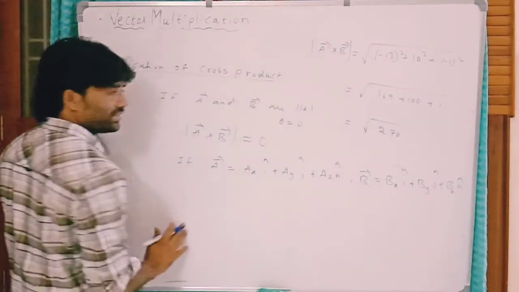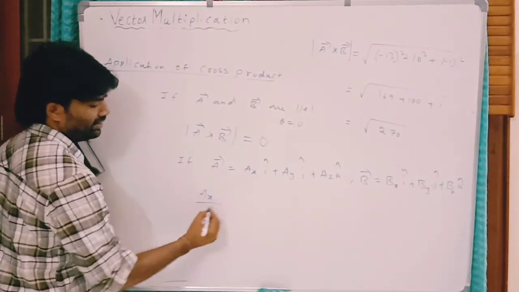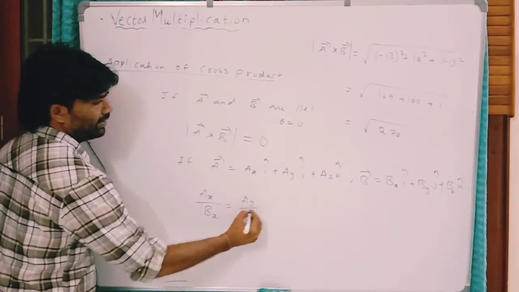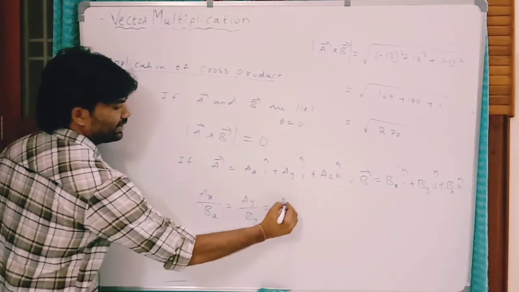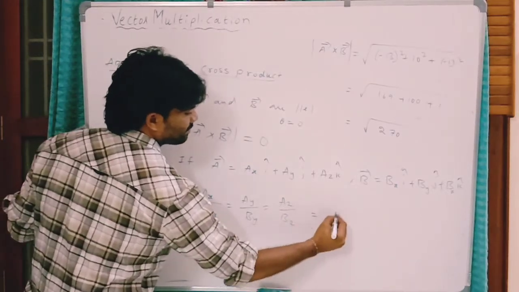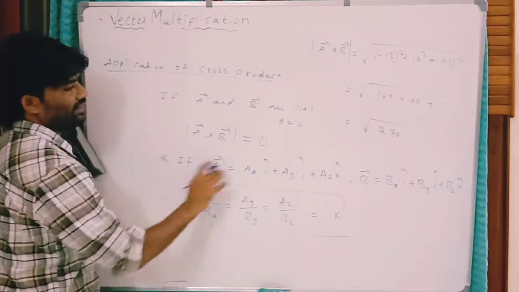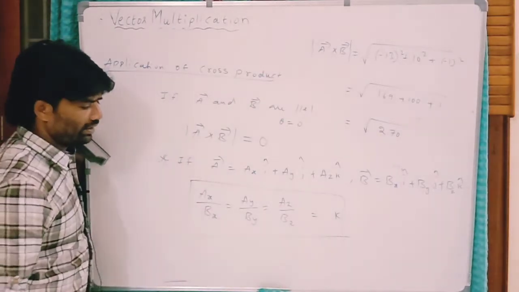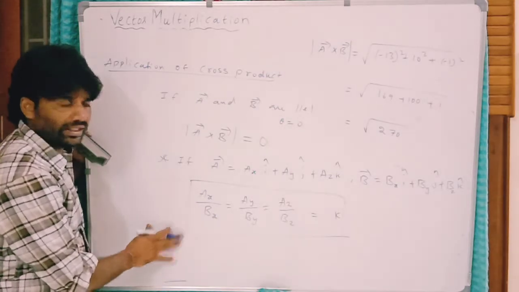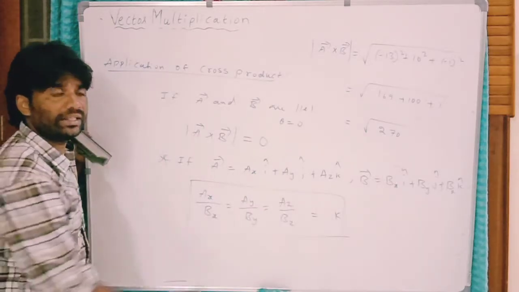If these two vectors are parallel, instead of checking the cross product, you can follow this simple method. Ax by Bx equals Ay by By equals Az by Bz, and this is equal to a constant k. So if two vectors are parallel or anti-parallel, the ratios of the similar components, x components ratio, y components ratio, z components ratio, are the same.